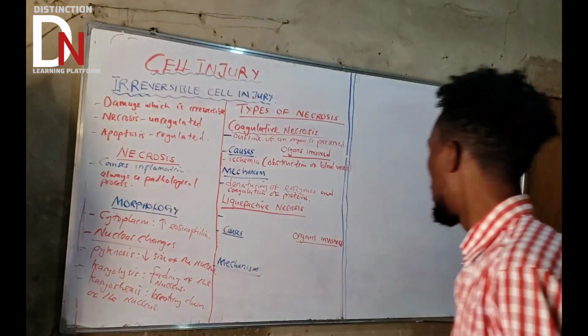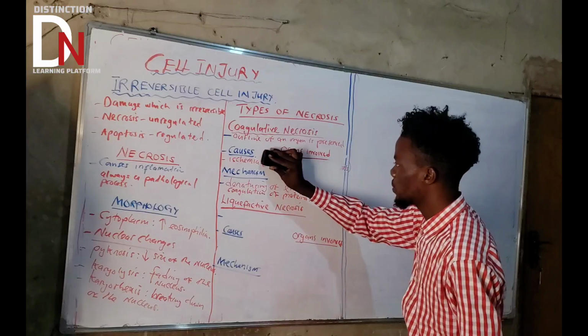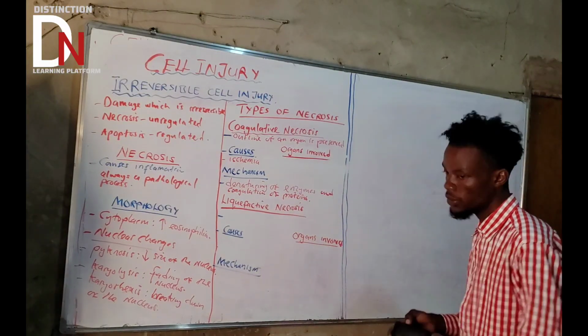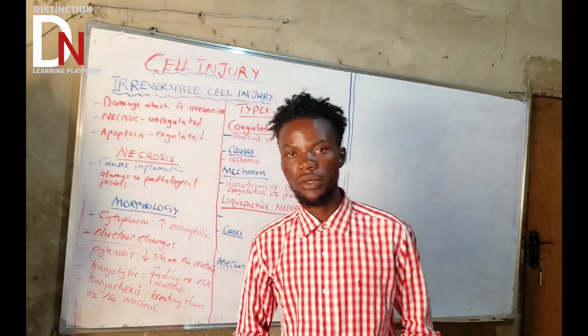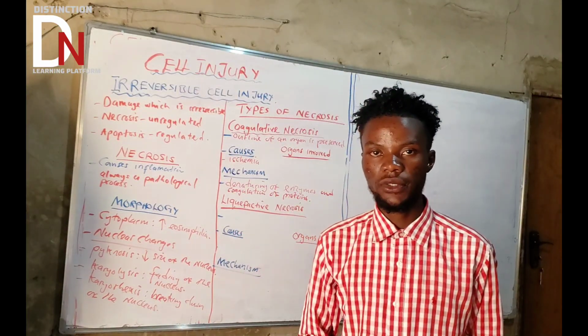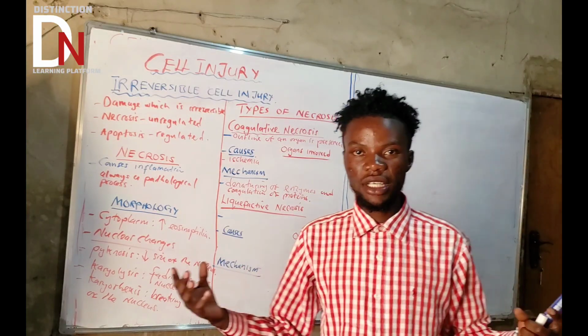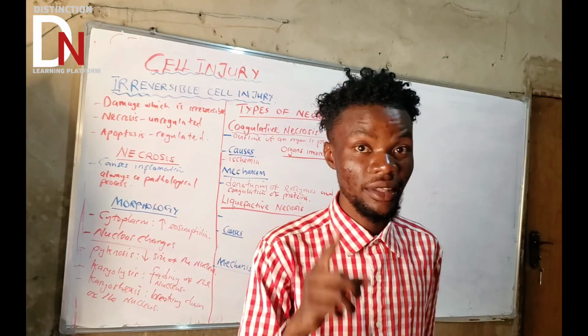Okay, now what are the organs involved? This is the last important point. Since we know ischemia is caused by obstruction of blood vessels, the question is, what are the organs involved in coagulative necrosis? Very important part. All organs can be involved, but make sure that you know the exception. What is the exception? The brain.